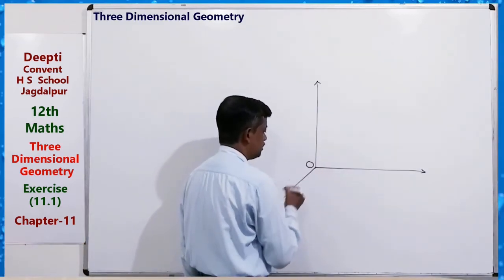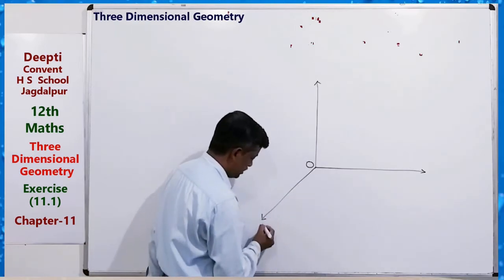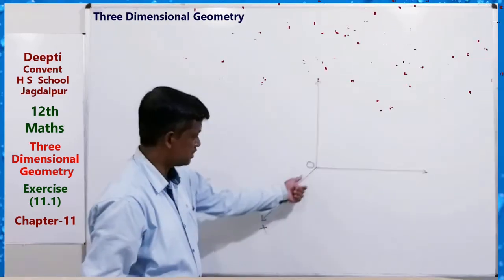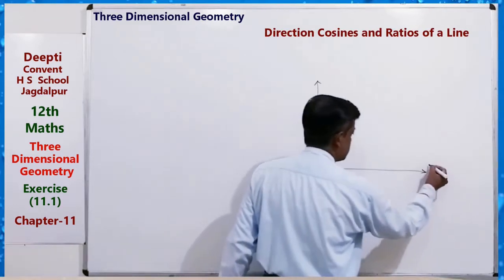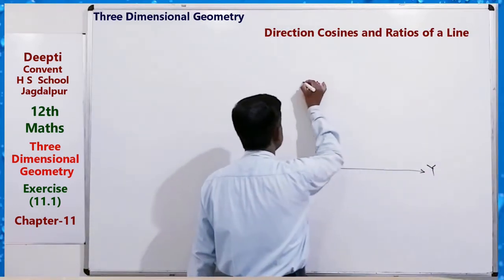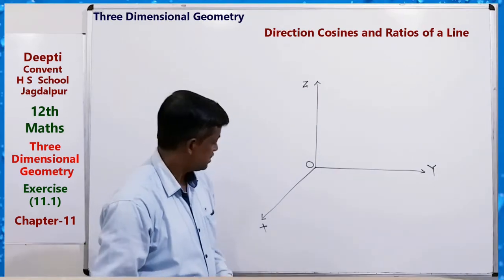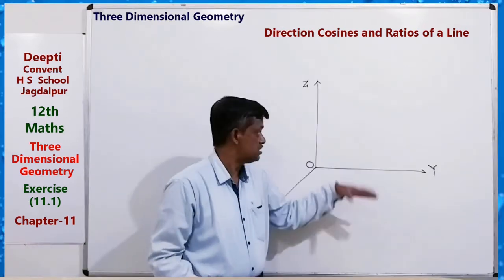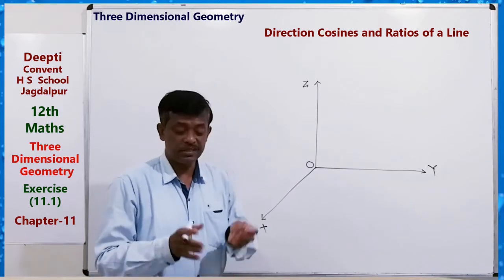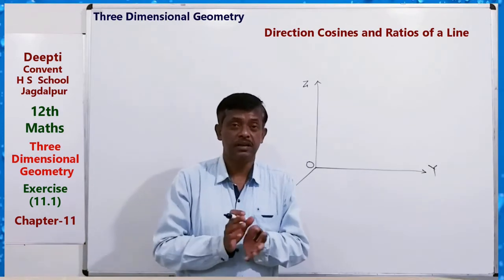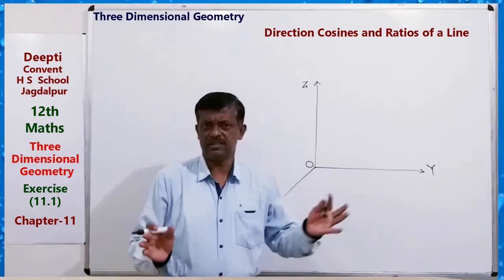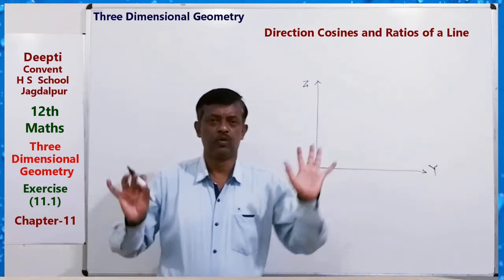Generally here we denote the x-axis is this, the y-axis is here and the z-axis is this, a three-dimensional frame. That means here the xy plane, this is a plane, this is also a plane, this is also a plane. Three planes are perpendicular to each other and intersecting at a point, just like this room.